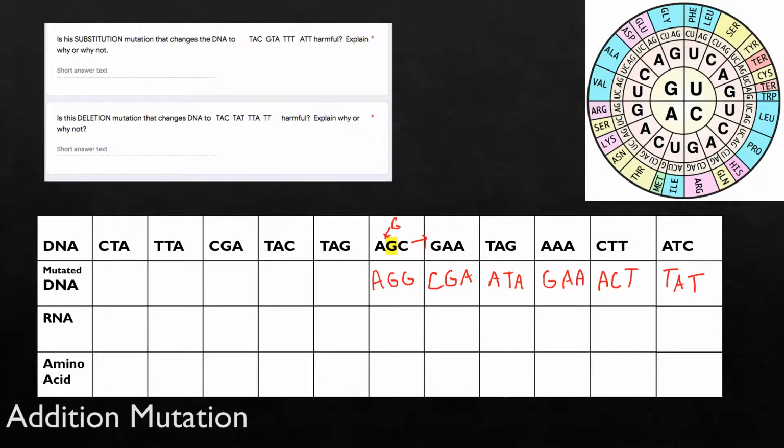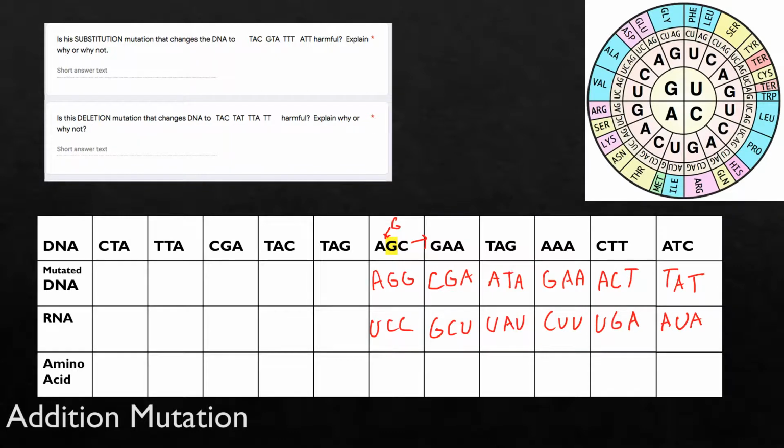So you get a major change, and obviously this is going to really alter the protein quite a bit. So if we go ahead and transcribe this, we get UCC, GCU, UAU, CUU, UGA, and AUA.